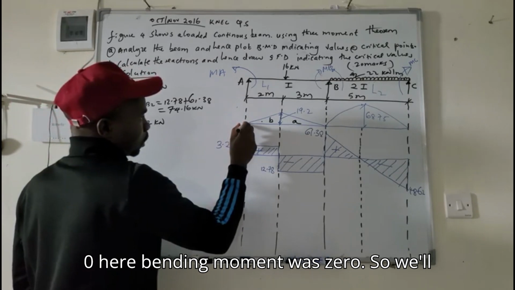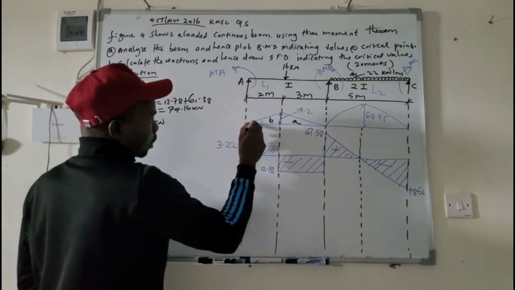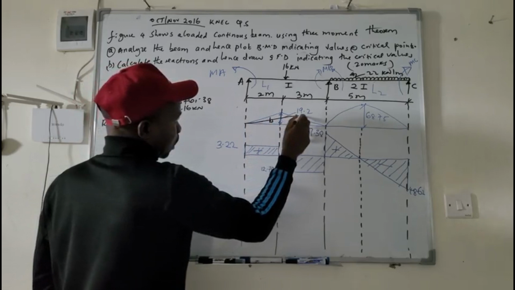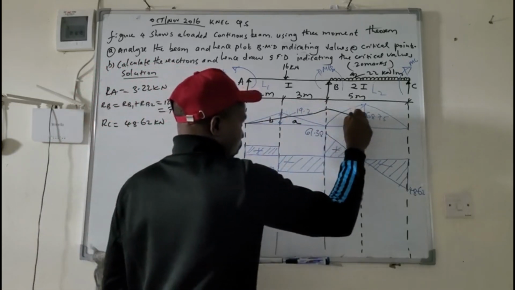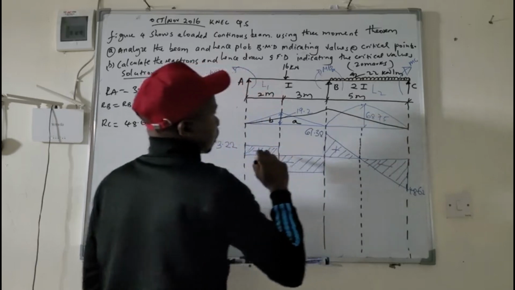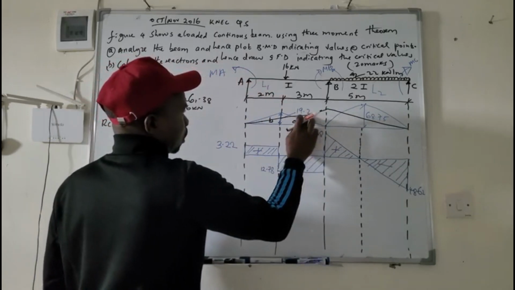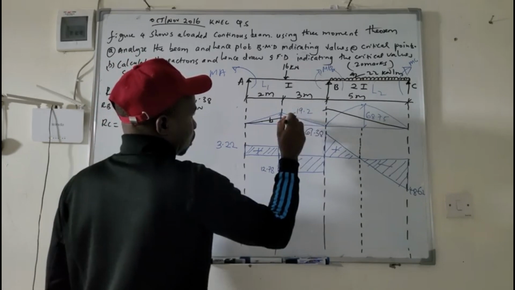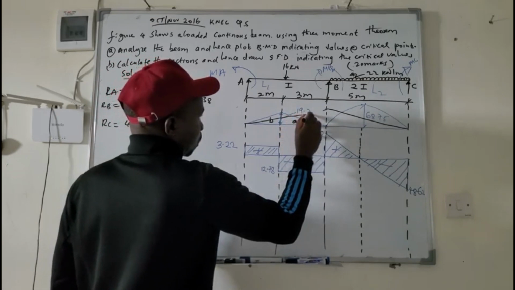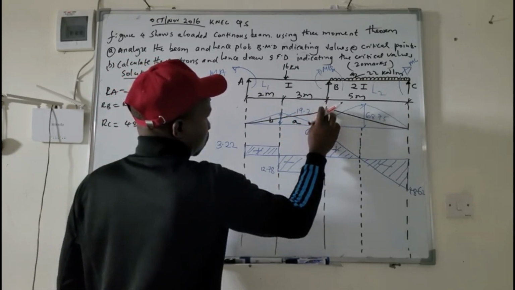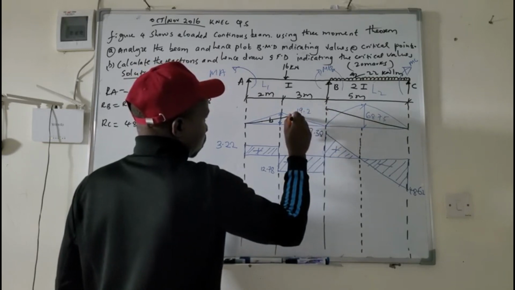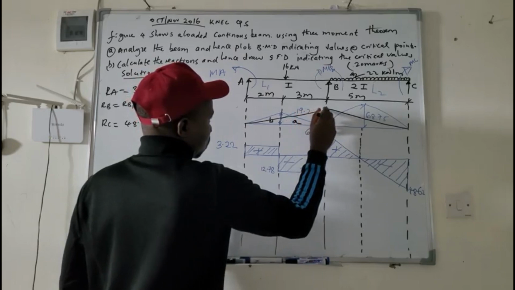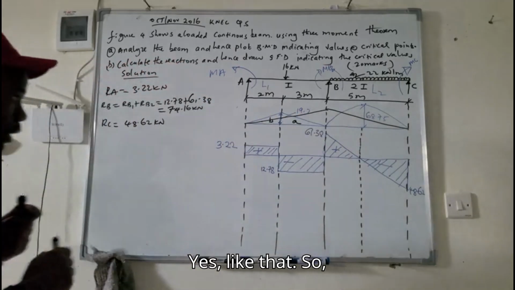Here bending moment was 0. So you will join here to this line, and then you join here to, like that. Yes, like that.